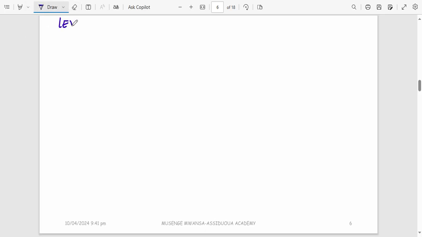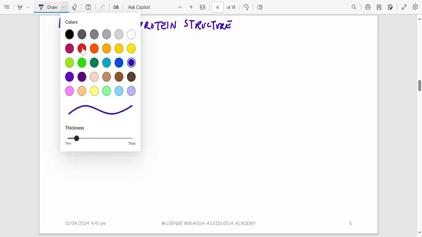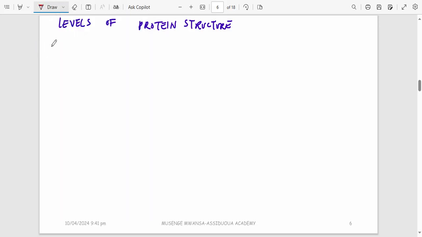The levels of protein structure. So on the levels of protein structure, the first level is known as the primary level.